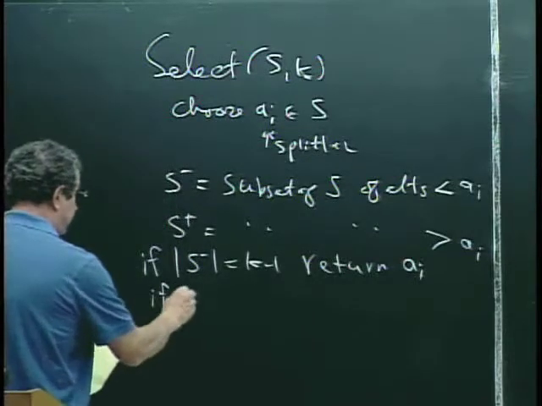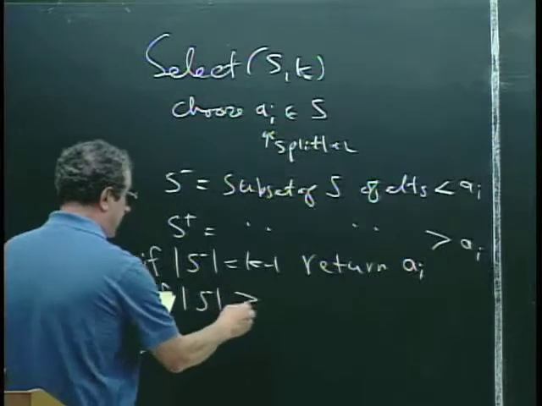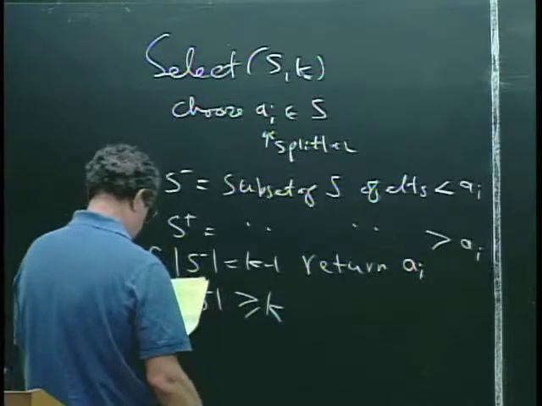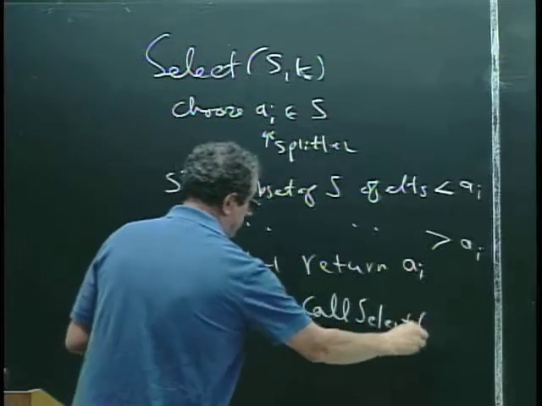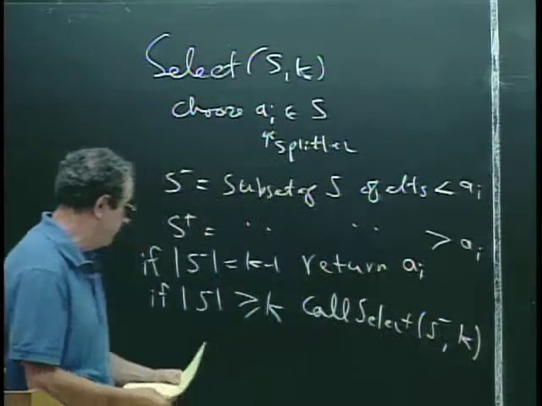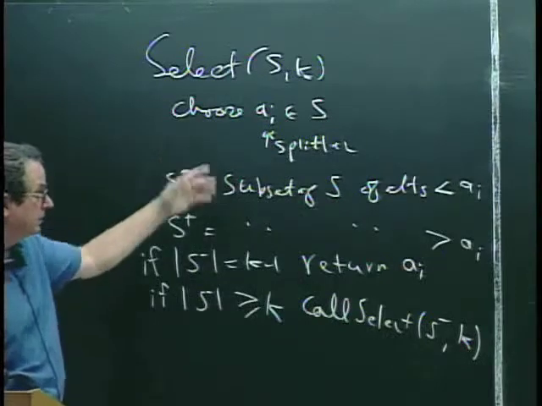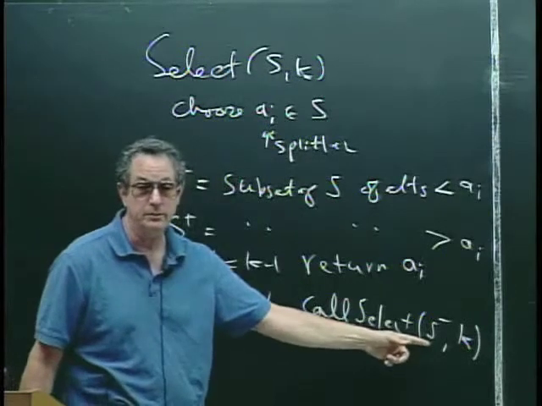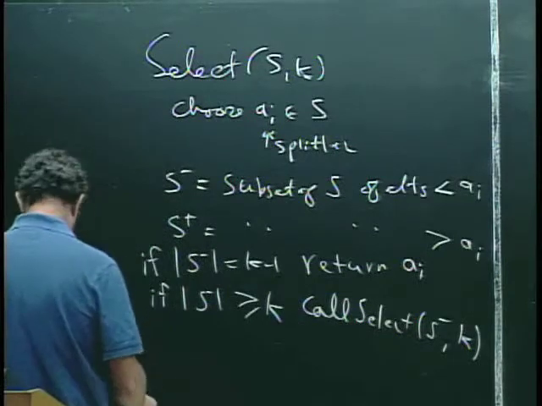But if the size of S minus is greater than or equal to k, then we call select(S minus, k), and we argued last time that when this occurs, we know that the kth smallest element in S must in fact be in S minus. And so we're still looking for the kth smallest in S minus.